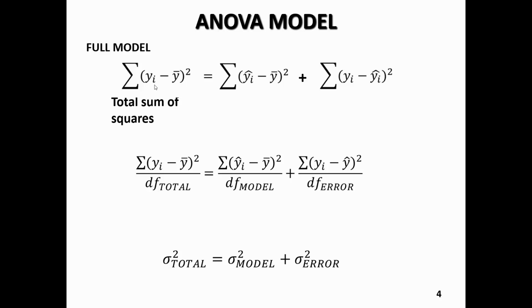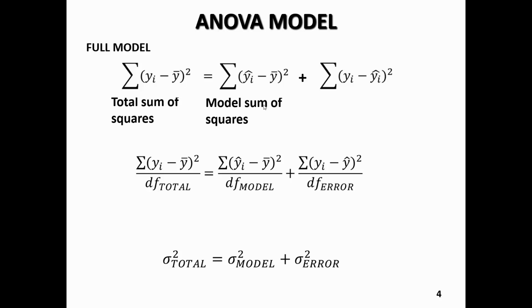evaluate the observed value of y in your data, subtract the average of that y value, squared. All of those values are added up, and that gives the total sum of squares, which is going to be some combination of the model sum of squares.